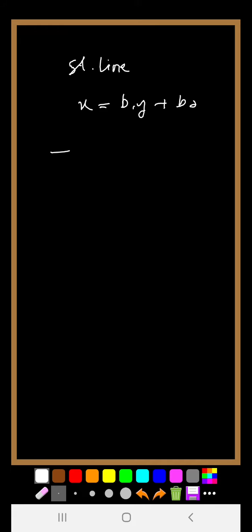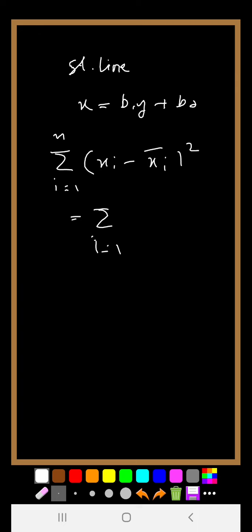So the deviations would be summation i = 1 to n of (xi - xi bar) whole square, which is equal to summation of (xi - (b1 yi + b0)) whole square.